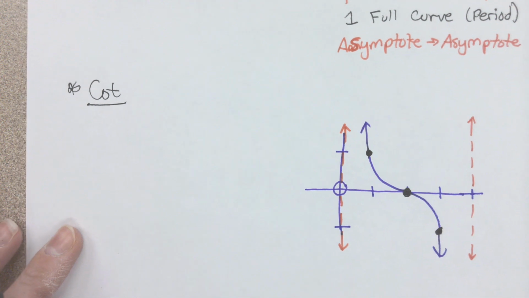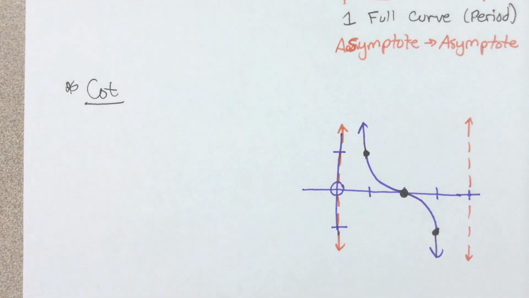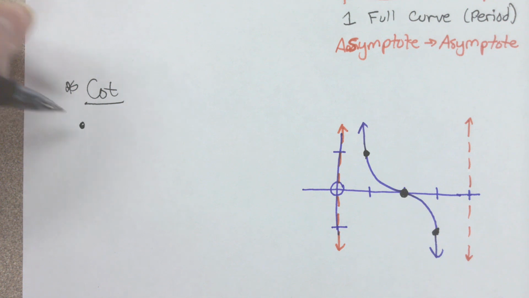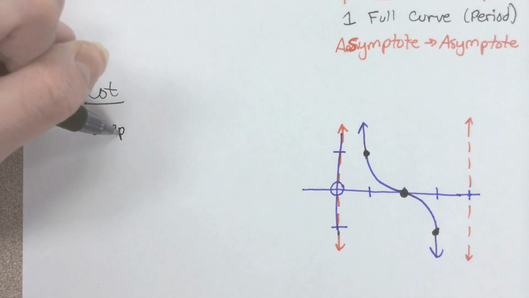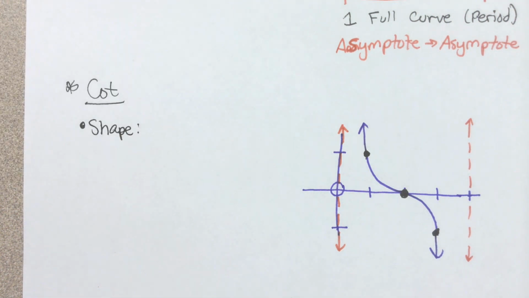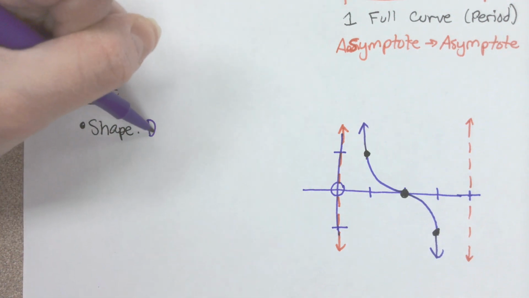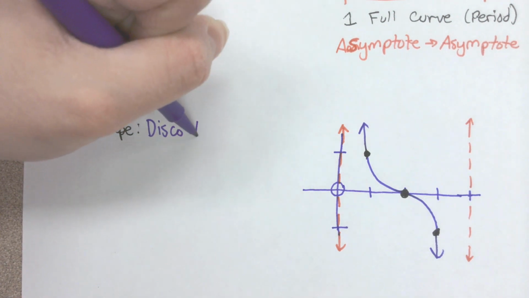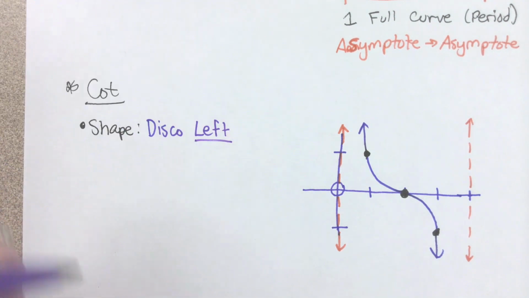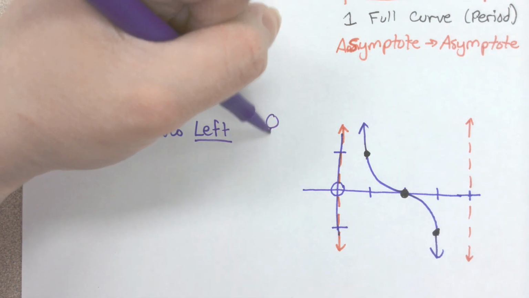So this is one completed curve. Again, they look very similar, just a couple main differences. So like I mentioned, the shape is different. This one we refer to as disco left. So again, I'll make my little doodle here.